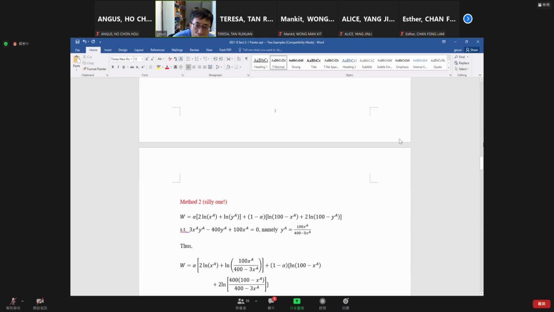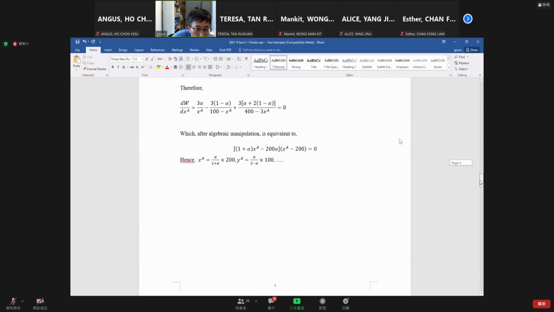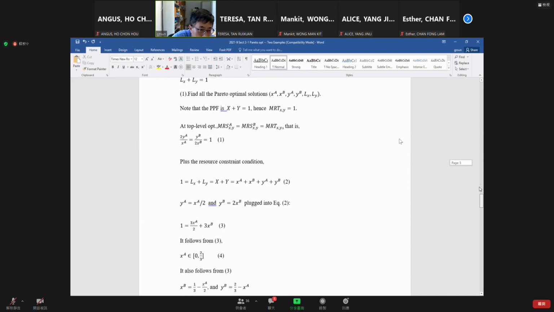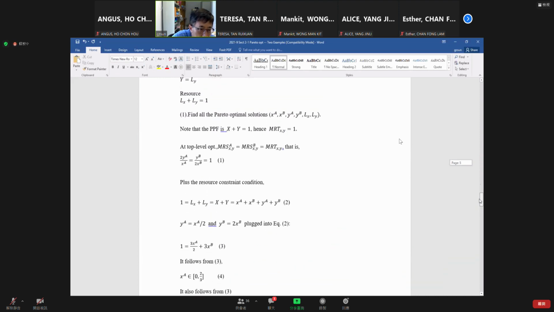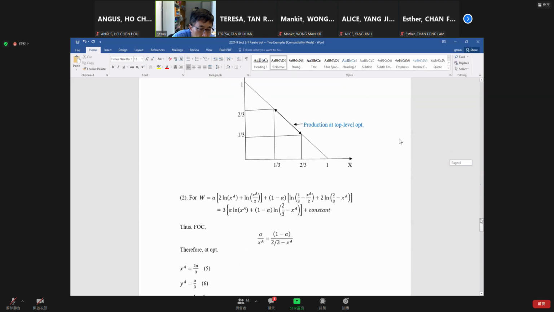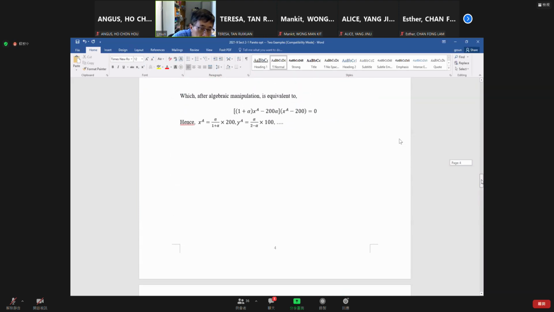So that's one example. Probably we are almost running out of time, and perhaps I should not go to the next example today. We'll spend the next class on the top level optimal example.